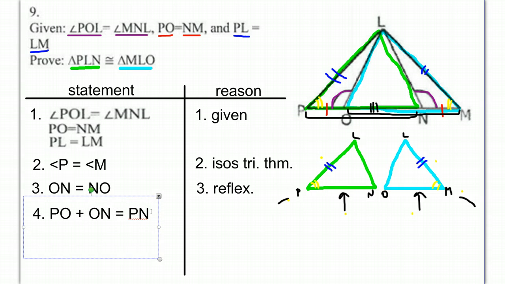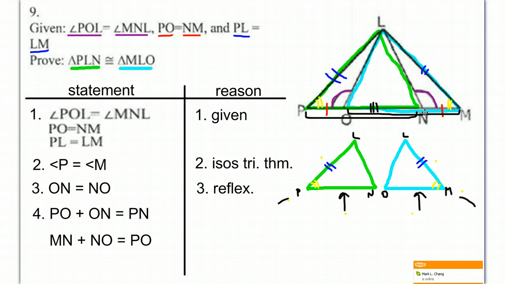Along the same lines, we can also say that MN, coming from the other direction, plus NO equals MO. Typo, MN plus NO equals MO.